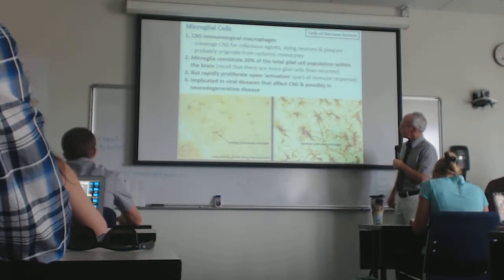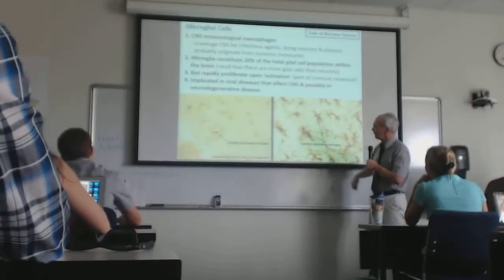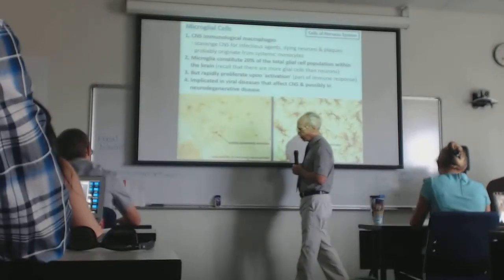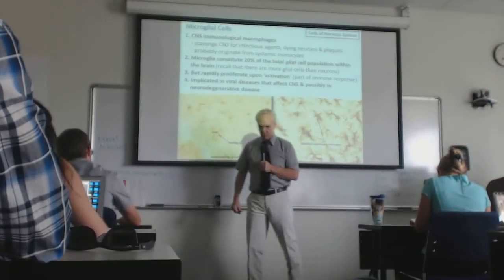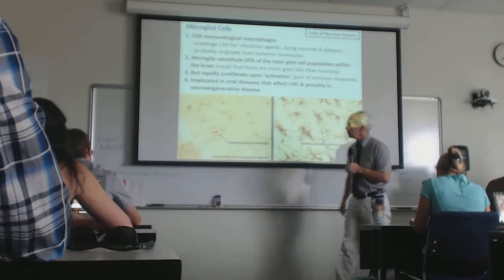But they too have a sort of hyper-reactive response. You can see over here, these are activated microglia. They tend to aggregate wherever there's a problem. This is part of the inflammatory response, which, as you know, is not always helpful in the long run.